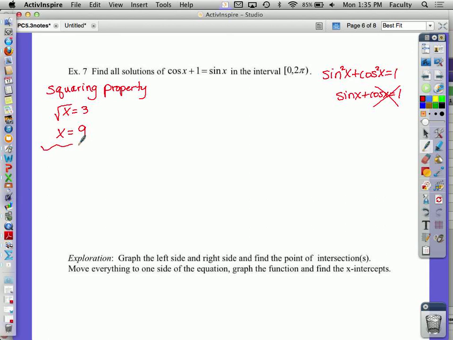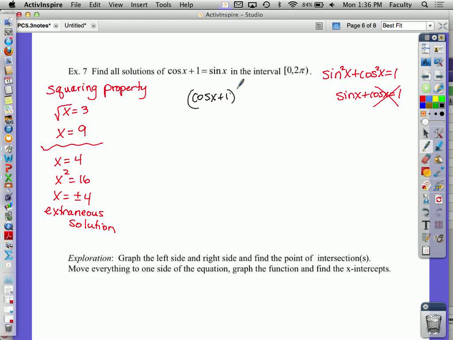But the danger is that if I started with x equals 4 and I square, you can sometimes generate an extraneous solution. That's why when we did our radical equations in Algebra 2, we needed to check them, because you could generate an extraneous solution. So watch what I'm going to do with this equation.